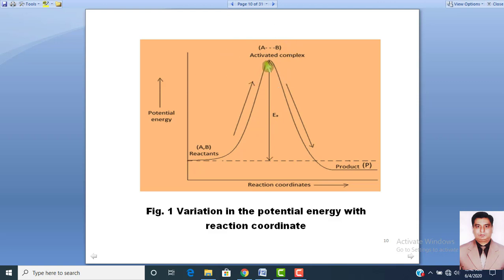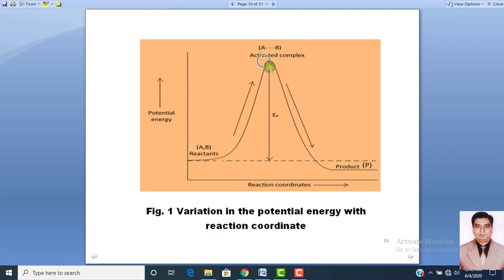This is the point where the potential energy is maximum, where reactants A and B have been connected with each other and an activated complex has been produced.